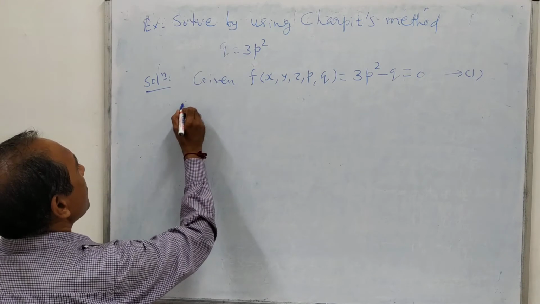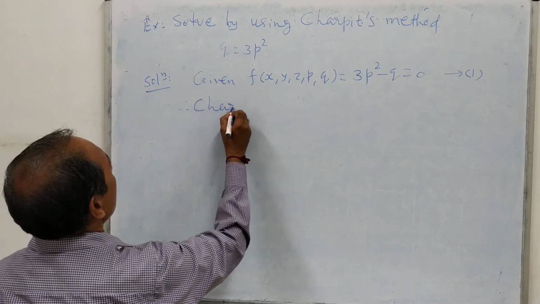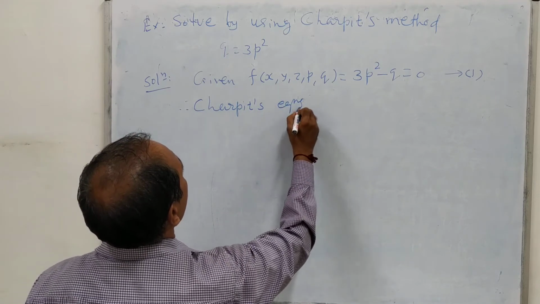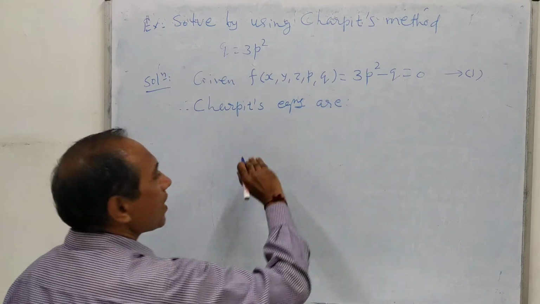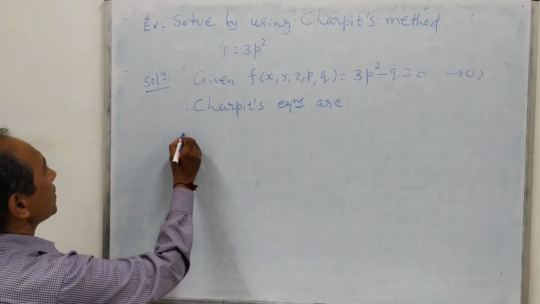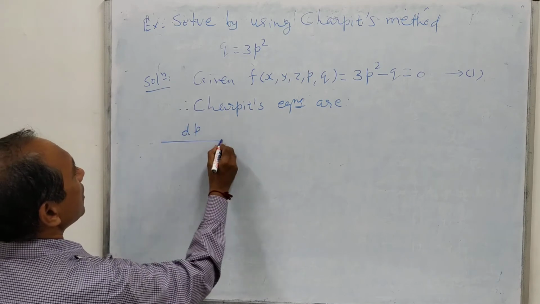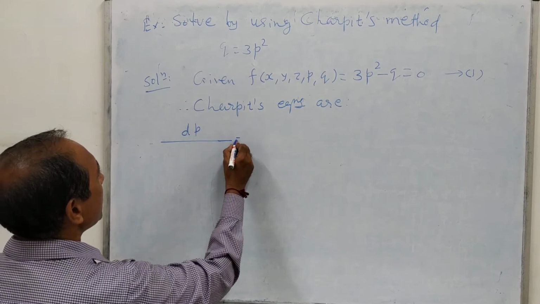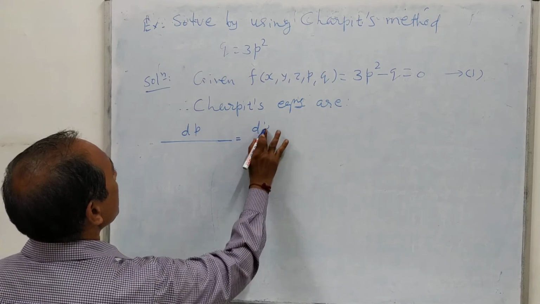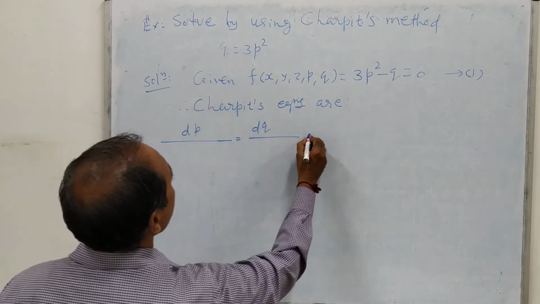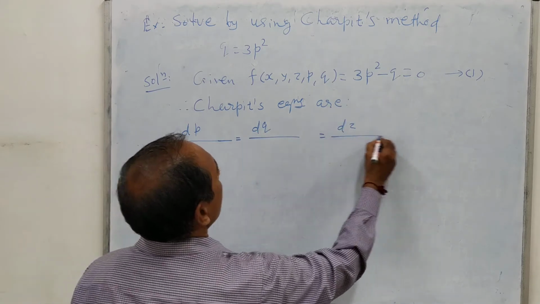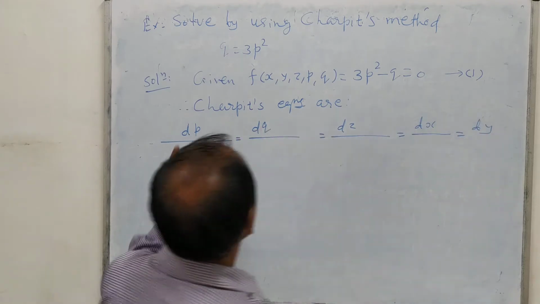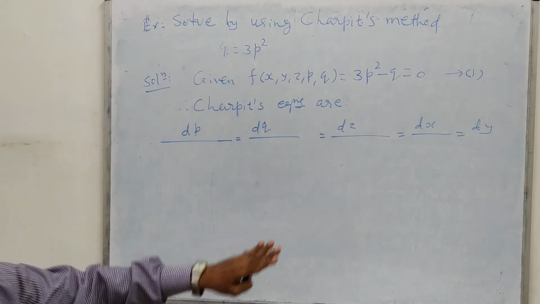Then we will write down the formula for Charpit's auxiliary equations. You should write down that the Charpit's equations are, here we are using R because there are 5 equations. First of all we will write down dp upon, you can remember this very easily. Simply write down dp, then dq, then dz, then dx, and then dy. dp, dq, dz, dx and dy, you remember this sequence.